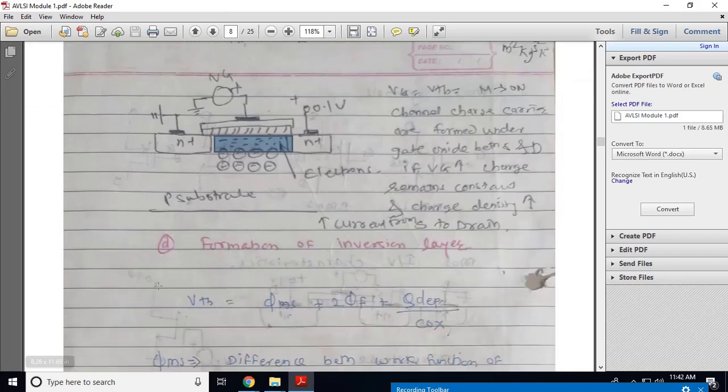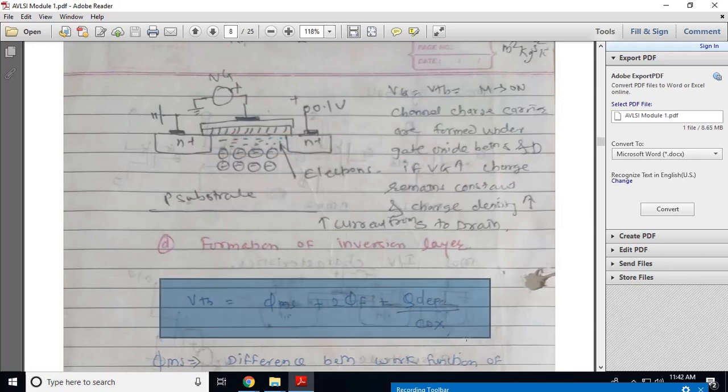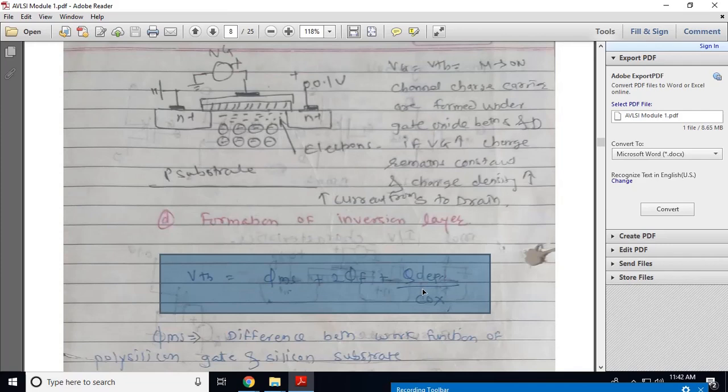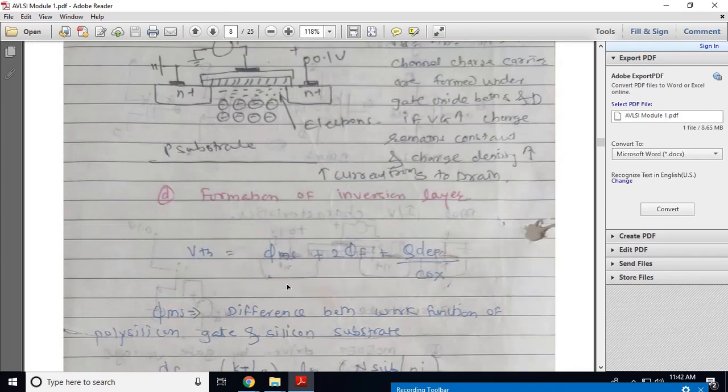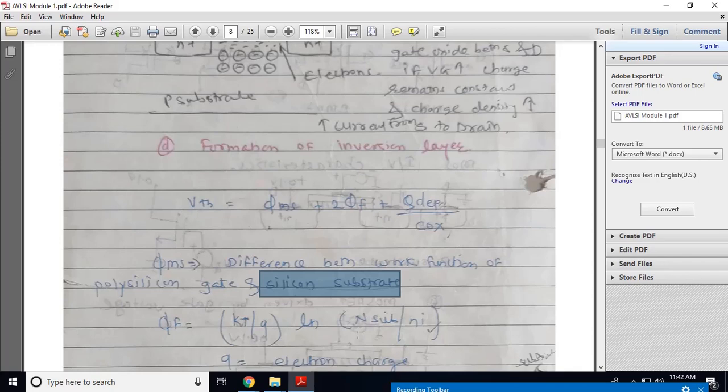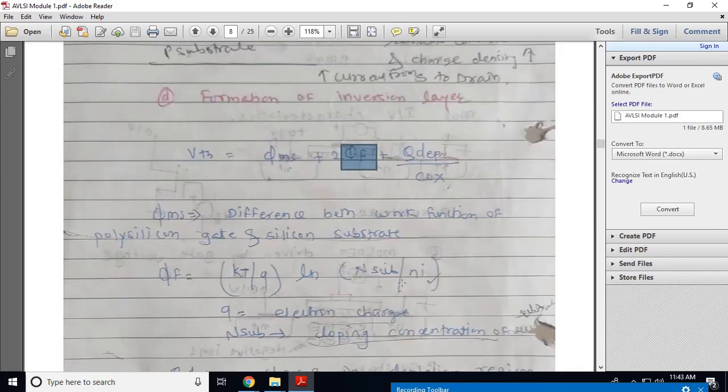So the equation for VTH is equal to phi ms plus 2 phi f plus Q depth divided by COX. Phi ms is the difference between the work function of the polysilicon gate and the silicon substrate. Phi f is kT by q ln of N substrate divided by ni.